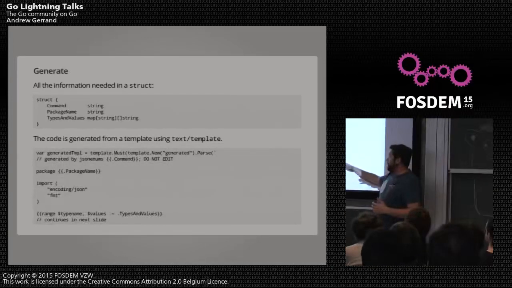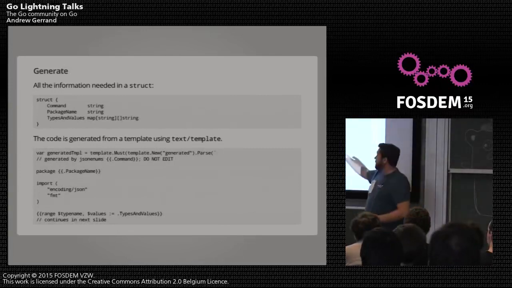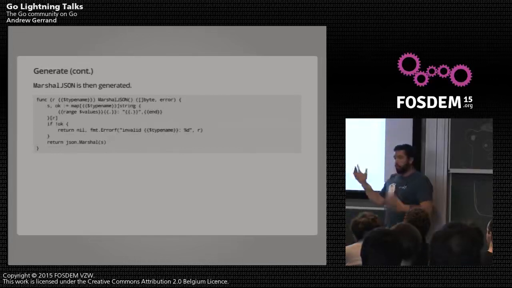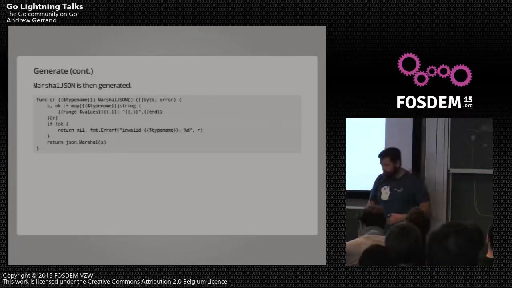My code basically looks like this. It's package name. Oh, package name is missing. No, it's still there in the structs. And then for every single type in the types and values map, I just go and generate a MarshalJSON, and then for every type, and then the case has for every single value for the type, I generate that little line, which is if you have that constant, then generate exactly the same thing with the double quotes on the sides, which turns out to be a string now.